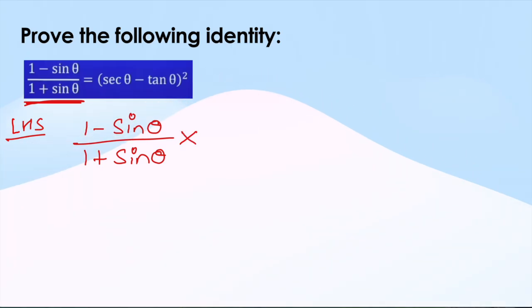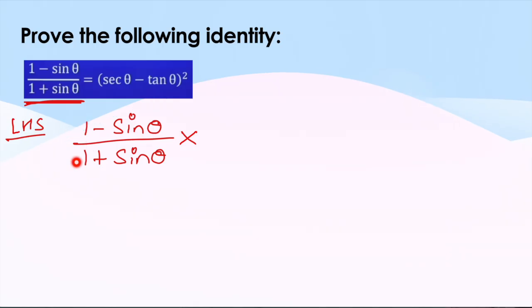So rationalization means whatever is written in the denominator, if positive sign is there, it will become negative. If negative is there, it will become positive. Why do we do so? Someone asks us in rationalization why we change the middle sign. Because we want to remove this denominator anyhow, right?